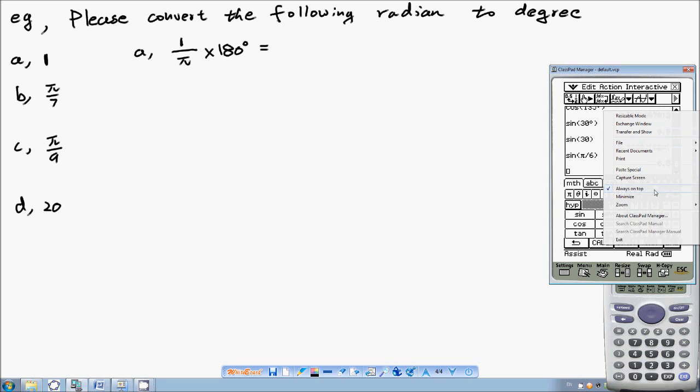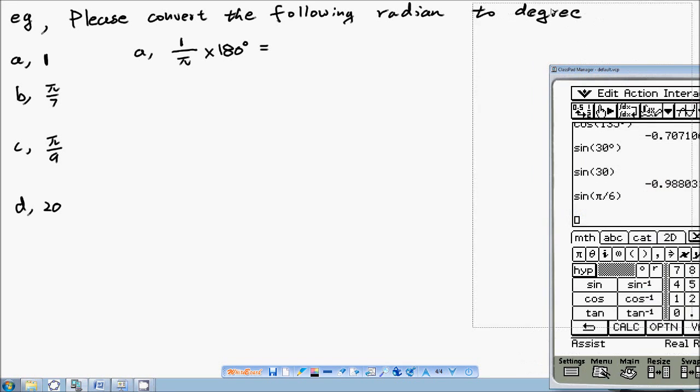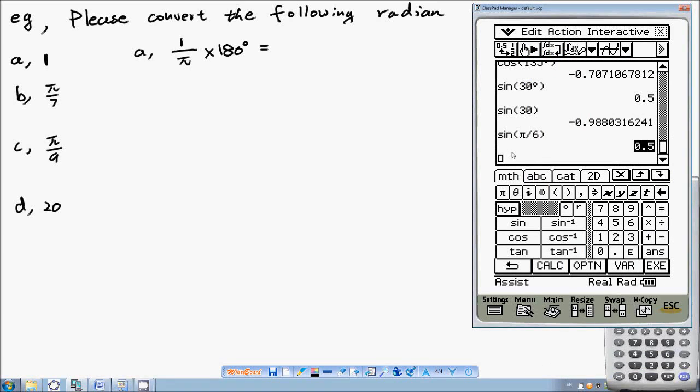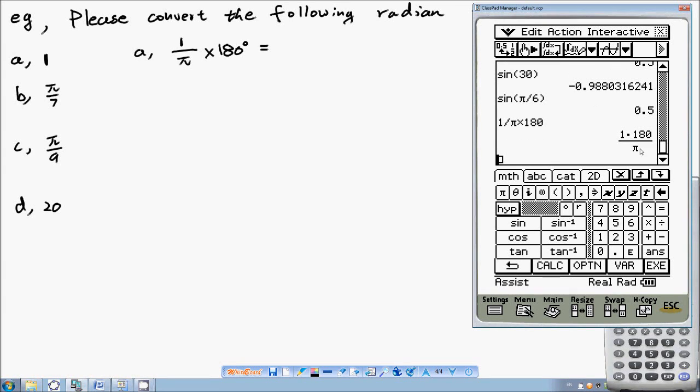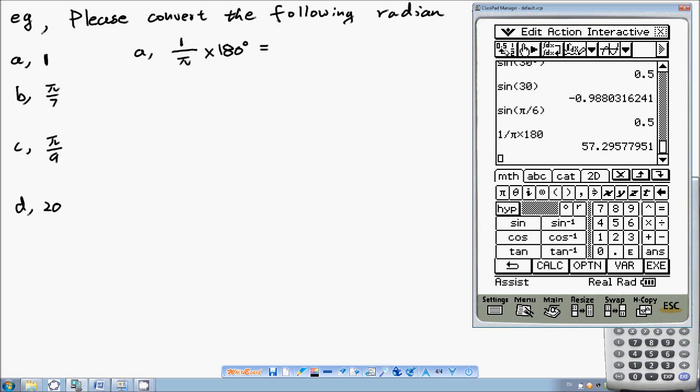I make it bigger here. So we have 1 divided by pi times 180, and let's put it in a fraction, which is 57.3.